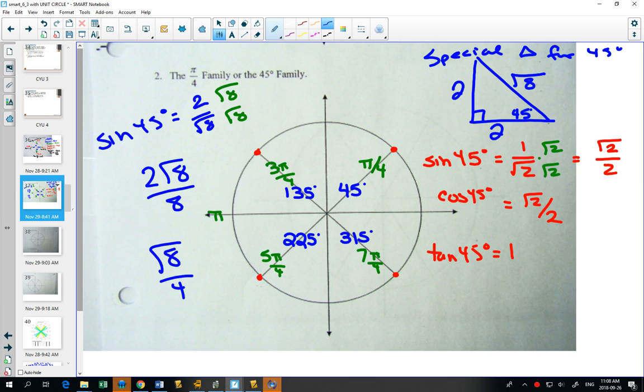I can simplify the square root, right? Root 8 is equal to 4 and 2, so the 4 becomes 2 root 2. Now what can I do? Divide by 2 again, and I get root 2 over 2 again. Whoa.